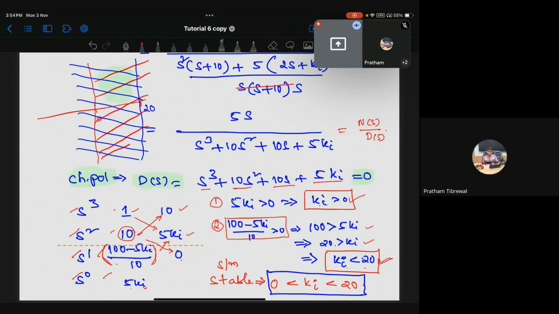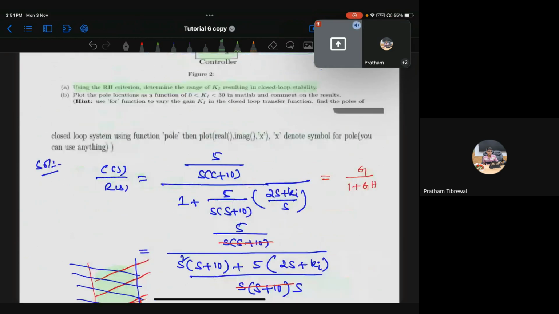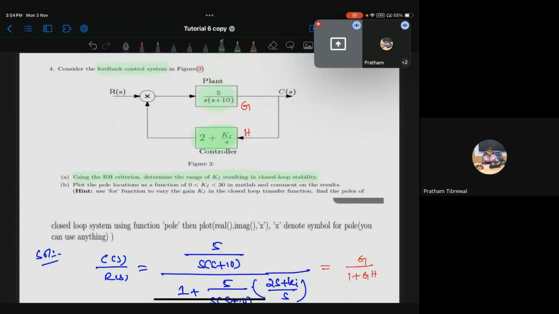The intersection is 0 to 20. So ki belongs to 0 to 20, that is, 0 is less than ki is less than 20. You take any value of ki in this range and substitute into this expression, and it will make your system stable.